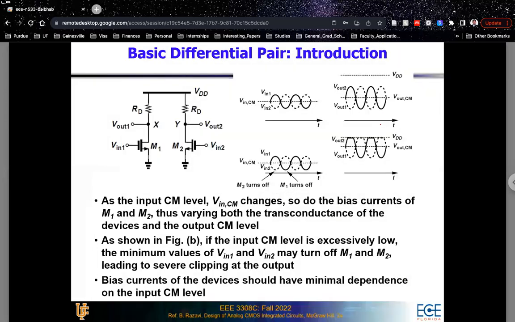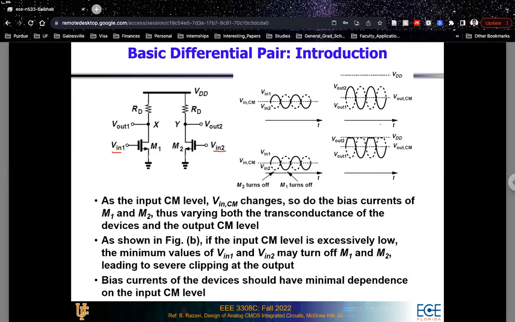But one consideration here is that as you have these differential inputs, Vin1 and Vin2, you already know that for any kind of amplifier, you have to first set a DC biasing point, and then you can apply an AC signal so that the amplifier can amplify the AC.